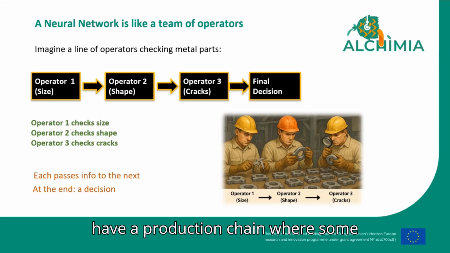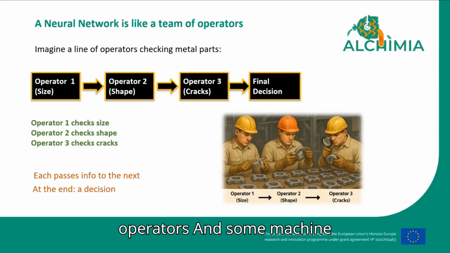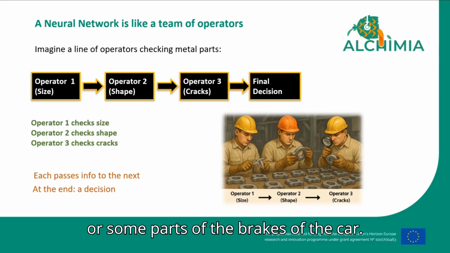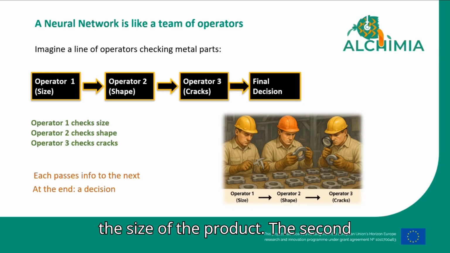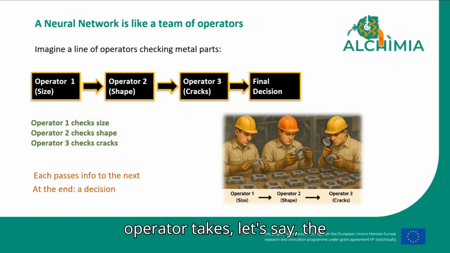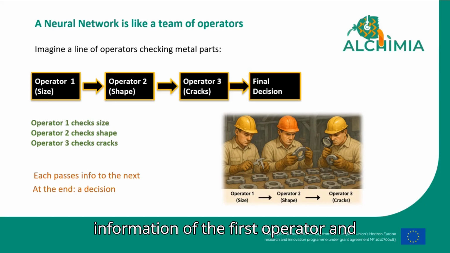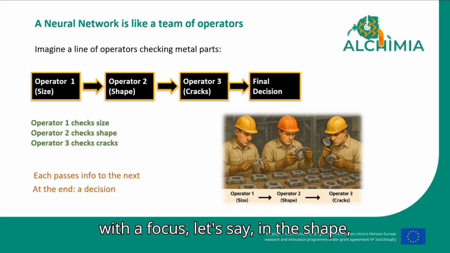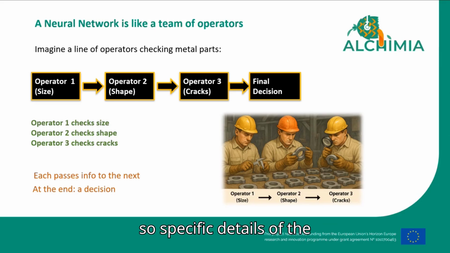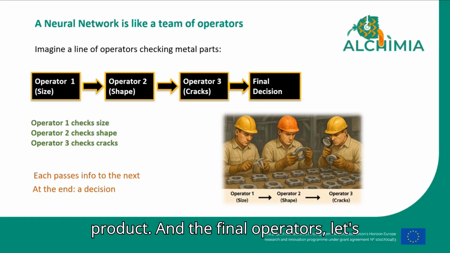Let's suppose that we have a production chain where some operators and some machines produce some gears, or some parts of the brakes of a car. The first operator, for example, checks the size of the product. The second operator takes, let's say, the information of the first operator and checks with a focus on the shape, so on specific details of the product.